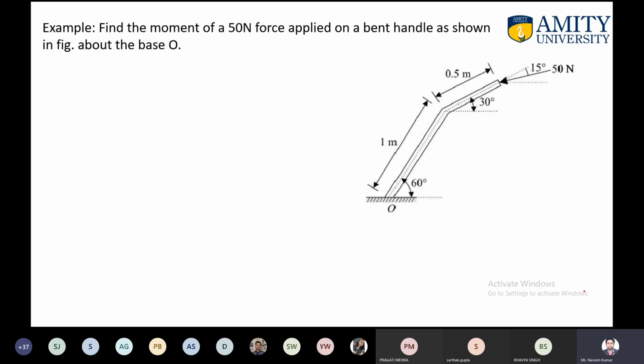So read the question. Find the moment of a force of 50 Newton applied on a bent handle, as shown in the figure, about the base O. So what you have to do is calculate the moment about the base O.